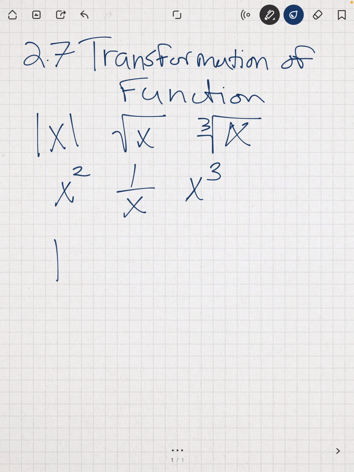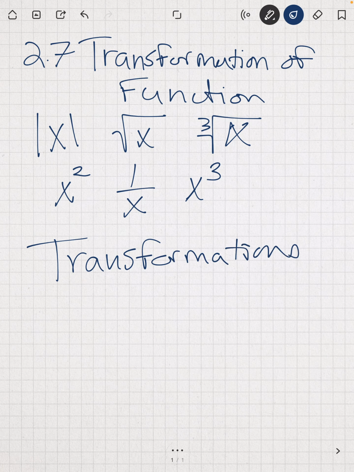And when it comes down to the types of transformations that we're going to talk about, there are really just a few: H, S, R, and V. This is the way that I remember them all and the way that we do them. We have what is called a horizontal shift.